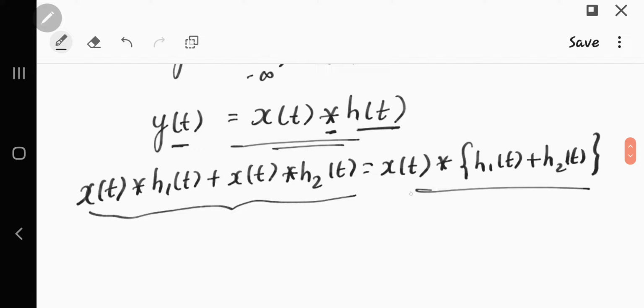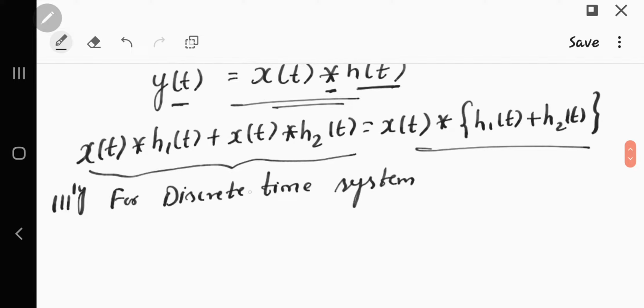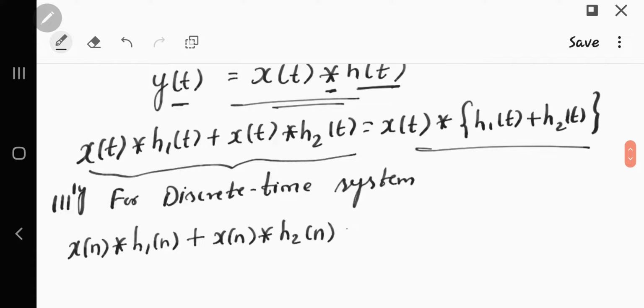So, this one we derived for a continuous time system. Similarly, we can write the same for a discrete time system as x of n convolved with h1 of n plus x of n convolved with h2 of n is equal to x of n convolved with h1 of n plus h2 of n.